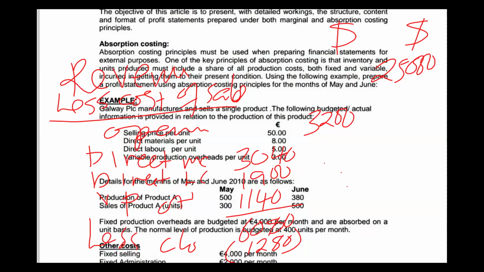6080 less 1280. What do you find? 4800. Is that true?